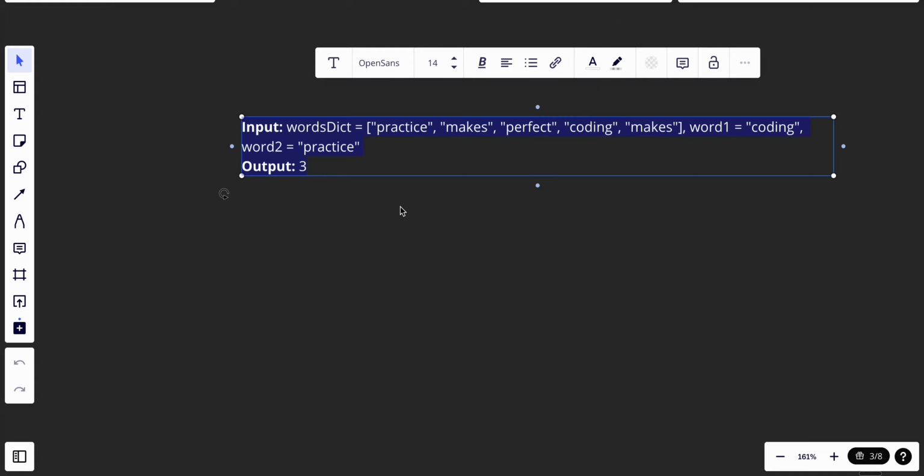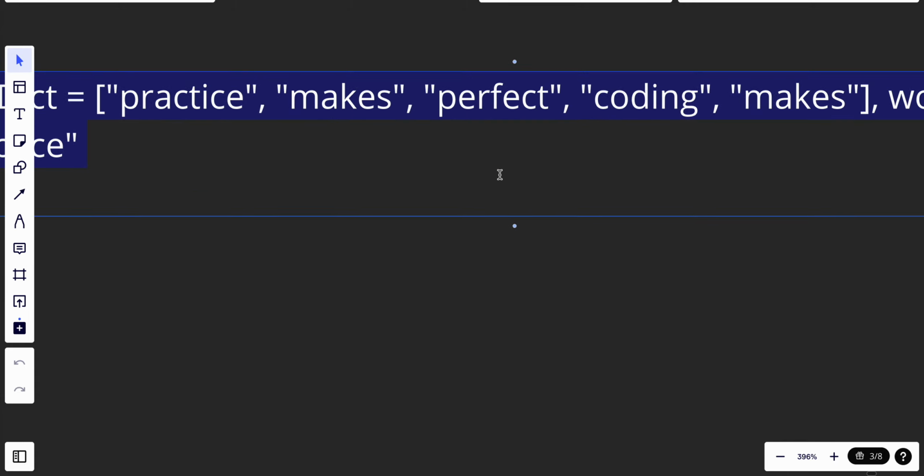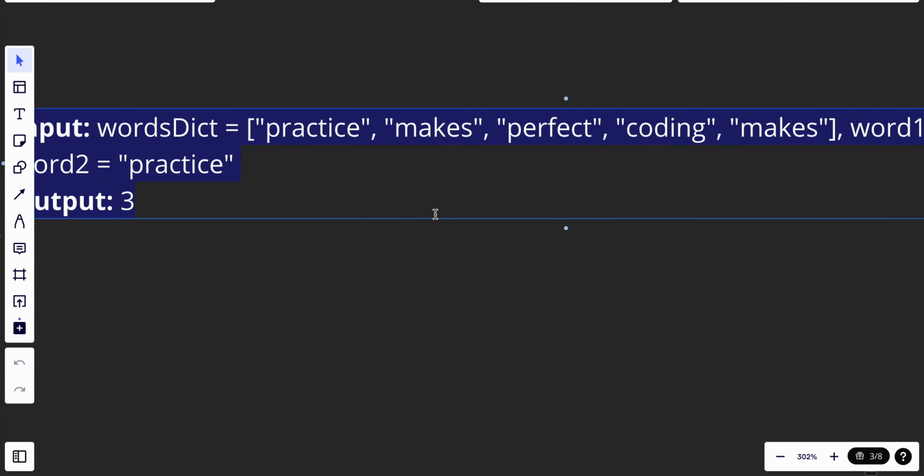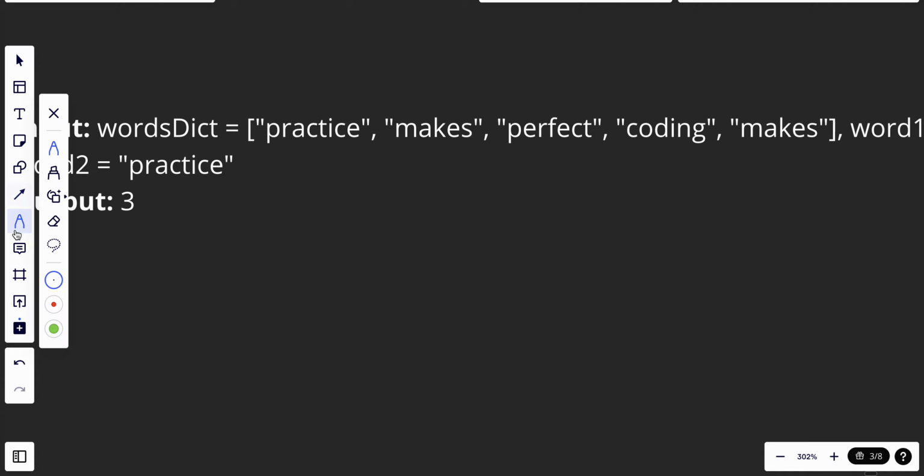So what does it mean? Let's take the pen and start.